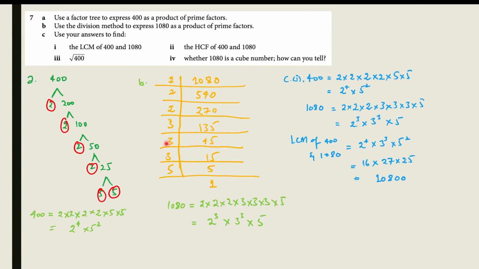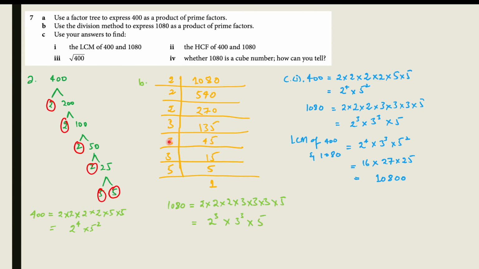Now we have 45, so how do we divide it? 3 multiplied by 1 is equal to 3. It is 4, 1 is being lent to 5. And 3 multiplied by 5 is equal to 15.